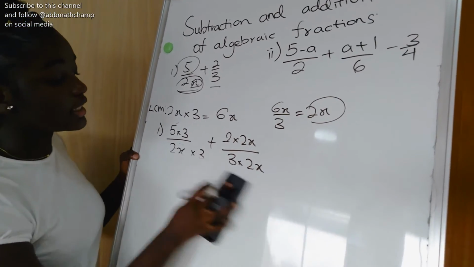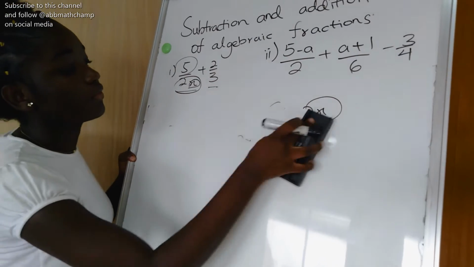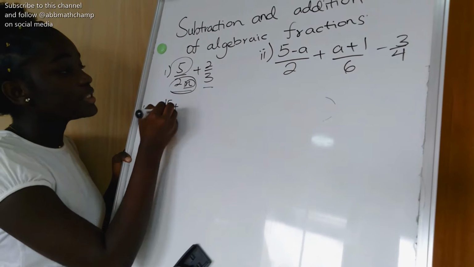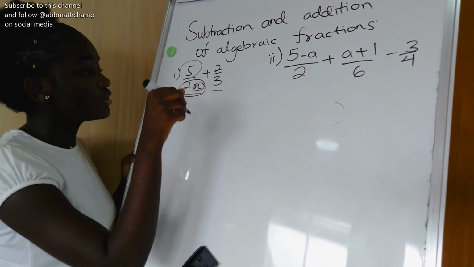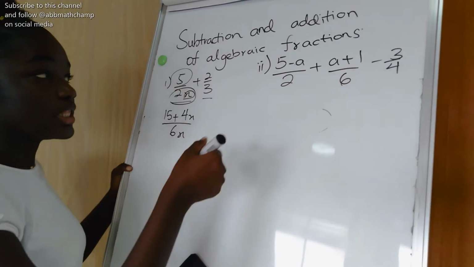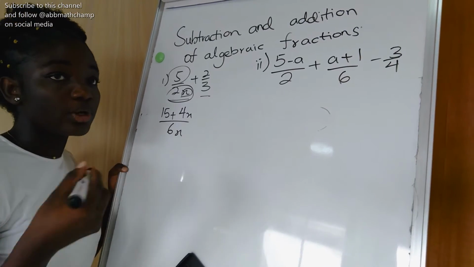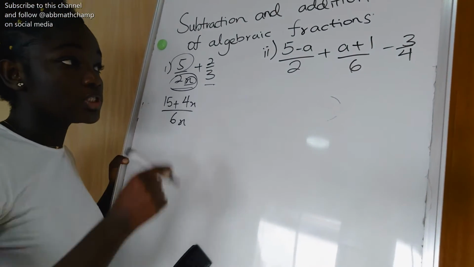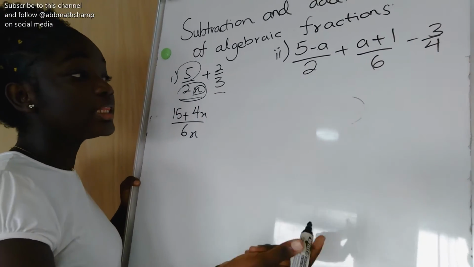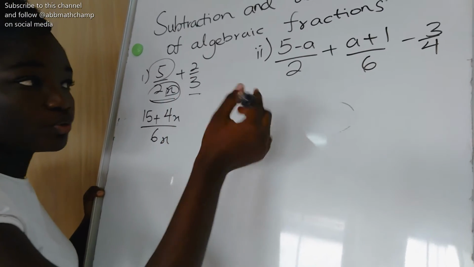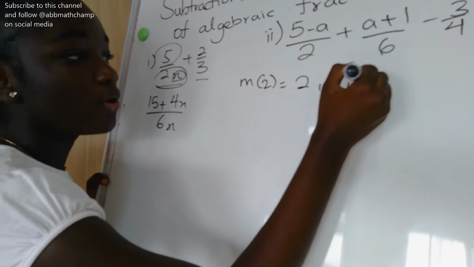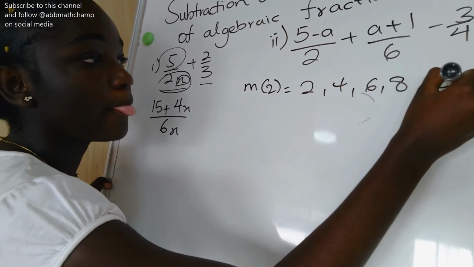So let's try the second one. For our first question, we had the answer 15 plus 4x all over 6x. Now for the second one, you need to find your LCM. As we've taught how to find the LCM with a very short formula, you can use that, or you can list the multiples. The multiples of 2 are 2, 4, 6, 8, 10, and 12.